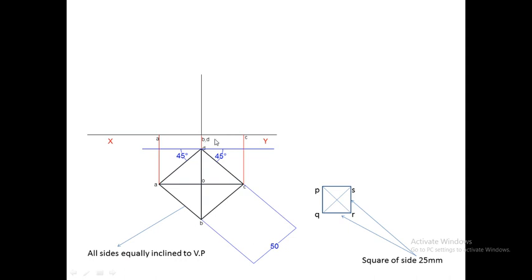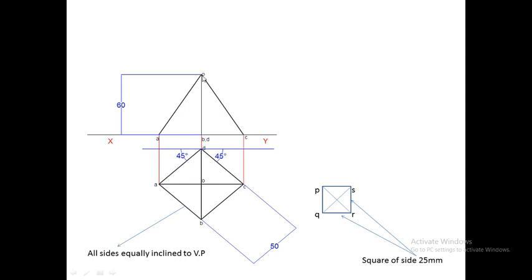After marking the points A, B, C and D on the XY line, now we will mark the height of the pyramid. Now in the question the height is given to be equal to 60 mm. So from the center, mark the vertical height as 60 mm and name the point O. Now join this apex point with the corners of the base one by one, O to A, O to C. So we have joined the apex point with the corners of the base.